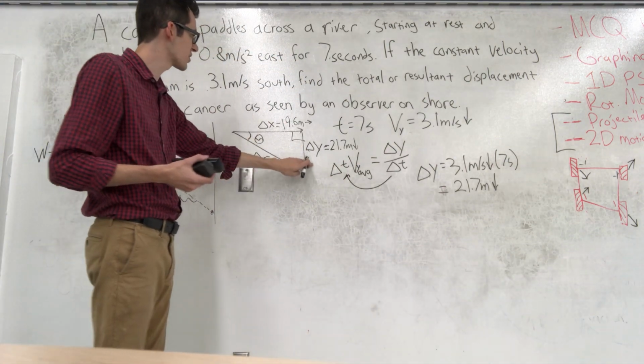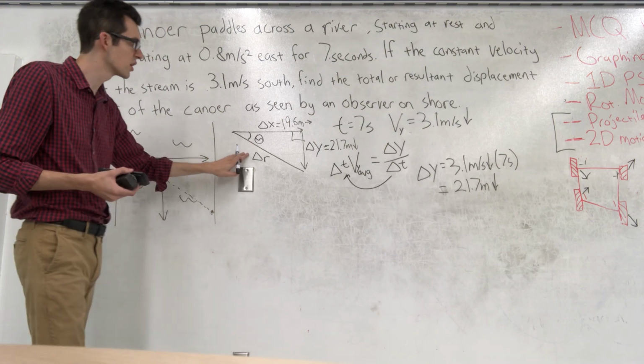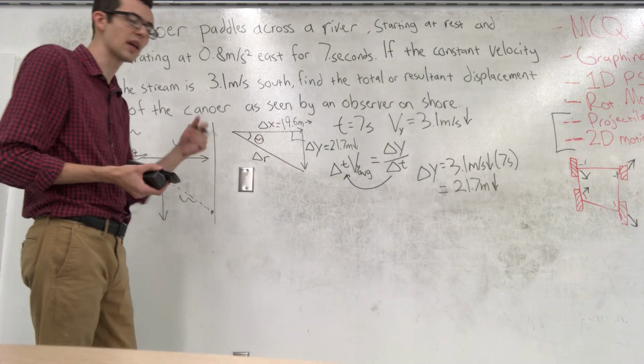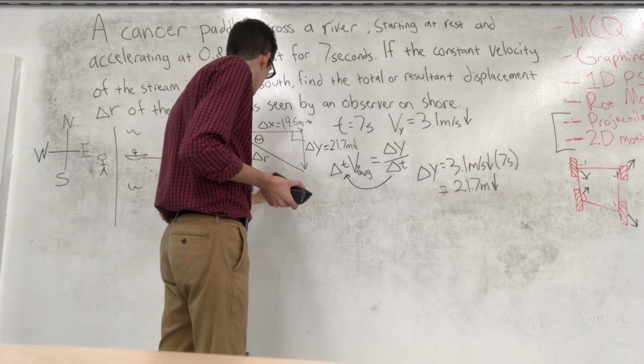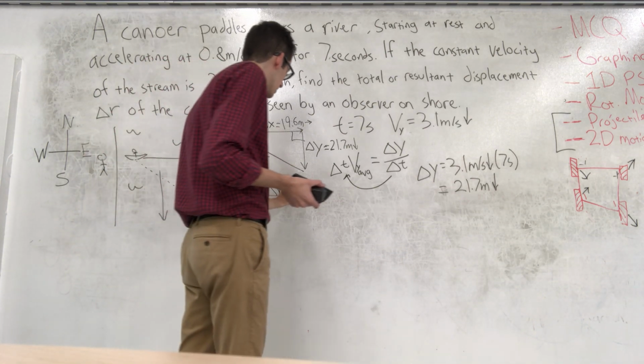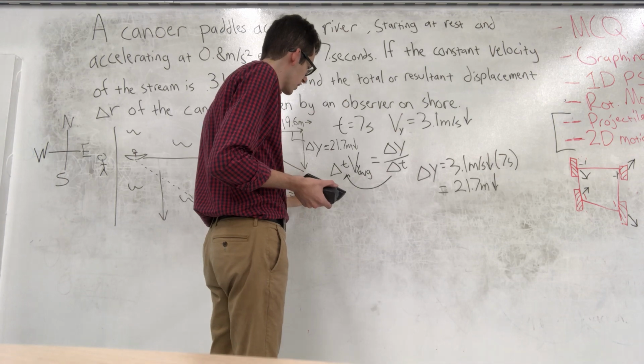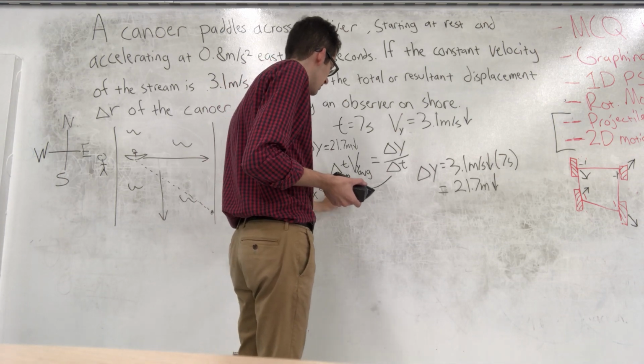So now we have both sides, except for the hypotenuse here, of our right triangle. We can now use the Pythagorean theorem to say delta r squared is equal to delta x squared plus delta y squared.